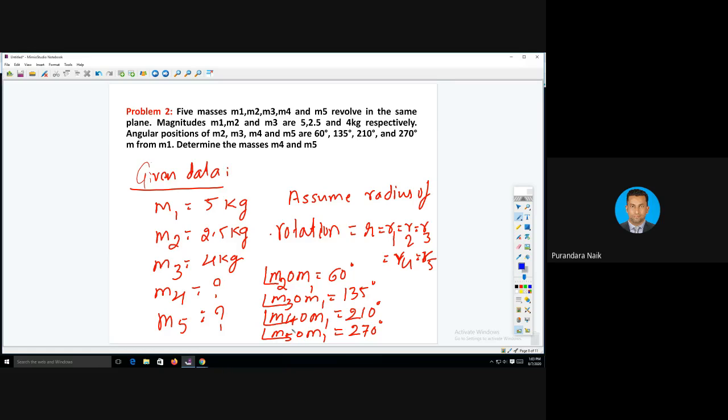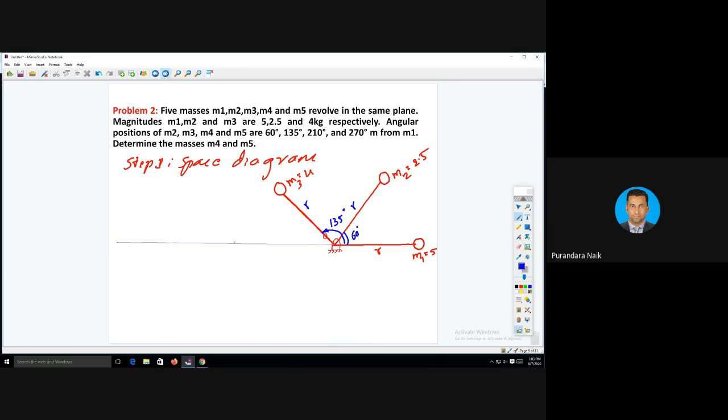So we need to measure from M1. This horizontal line up to here is 180 degree. 210 means plus 30. You need to measure 30 degree here. Total will be 210. See, this is 30 degree.